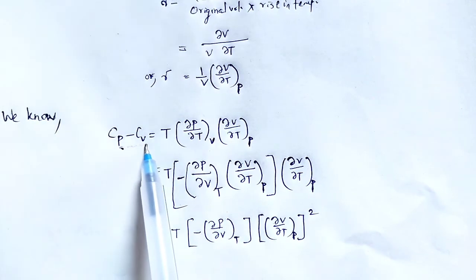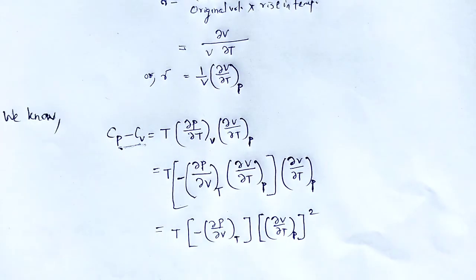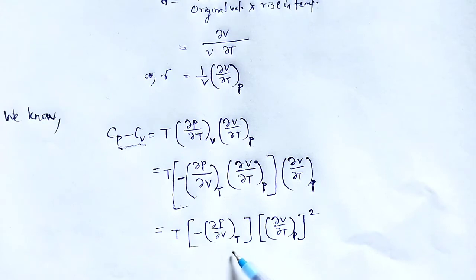The term Cp minus Cv is always positive, because the slope del P by del V at constant temperature is always negative, and the slope del V by del T can be positive or negative, so that square is always positive.